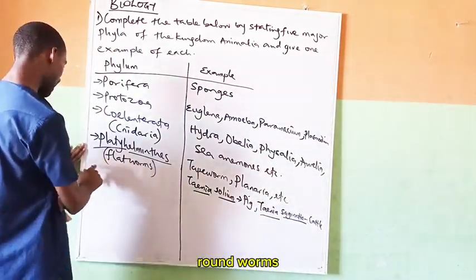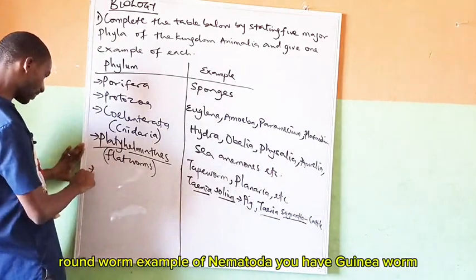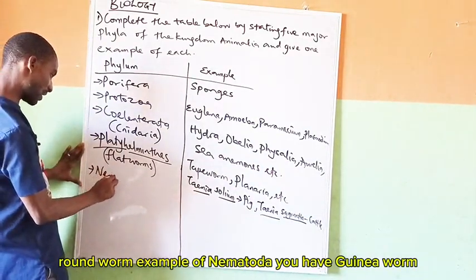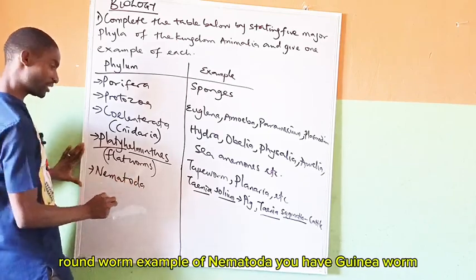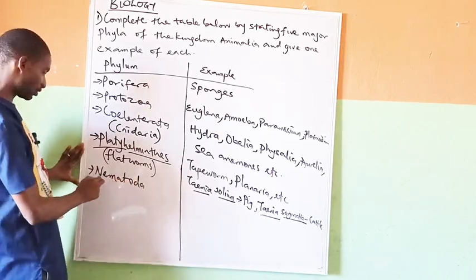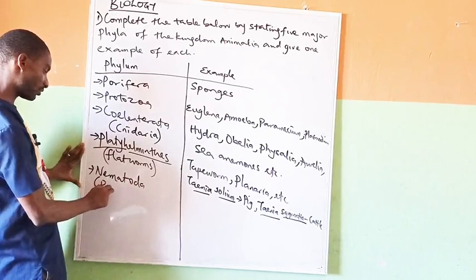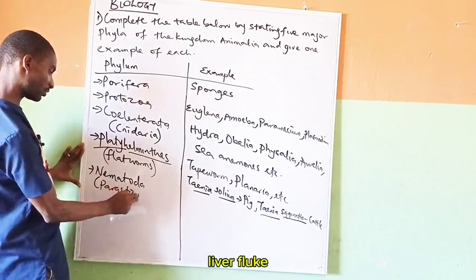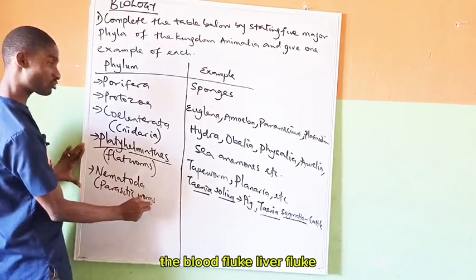Let's look at the next, phylum Nematoda. These are nematodes. They are parasitic worms, and they are also called roundworms.